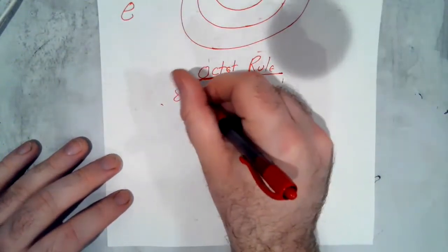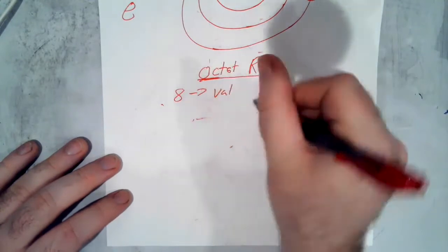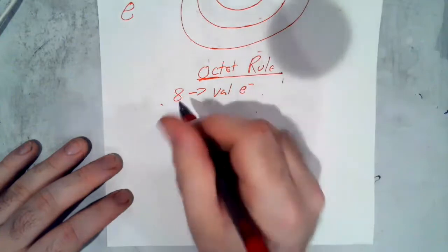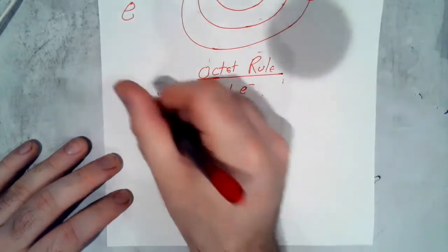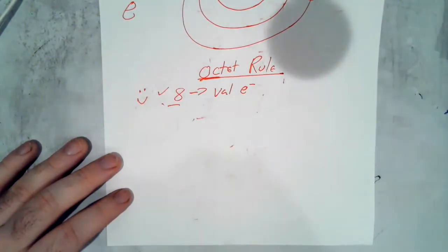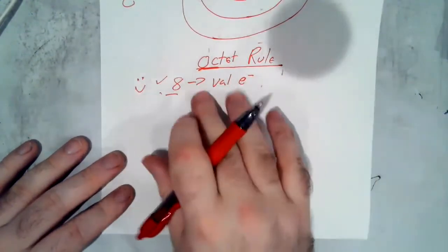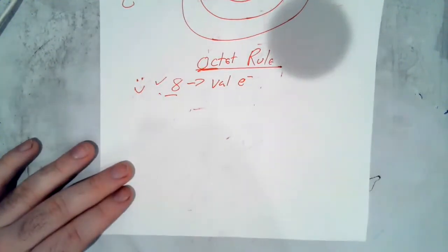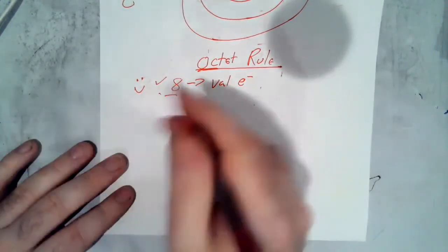But 8 what? We're talking about 8 valence electrons. So if you get to 8, you're happy, you're good, you're satisfied. But anything below 8, you're not happy anymore. And that'll come into play later when we start talking about chemical bonding. But for right now, let's talk about the periodic table.